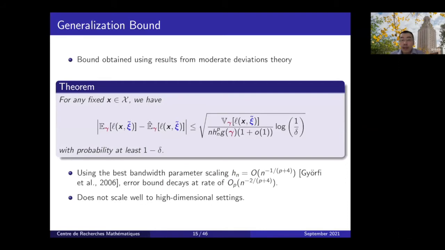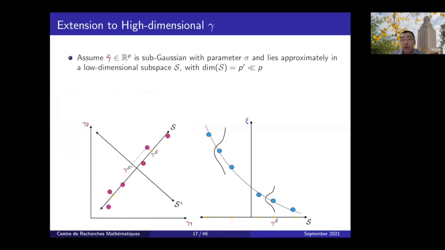Now, in the previous slide, we have seen that the Nadaraya-Watson estimator suffers from the curse of dimensionality. In particular, the error decays at the rate given here, where P denotes the dimension of the covariate vector gamma. Let me show how to address the high dimensional settings.